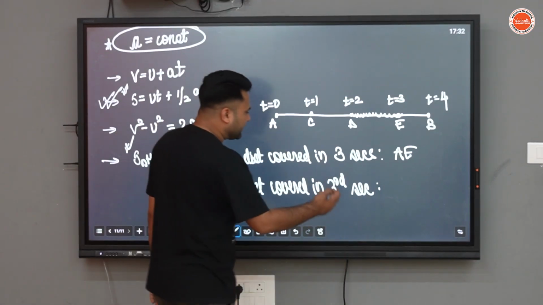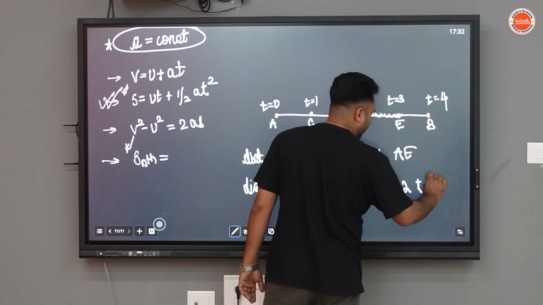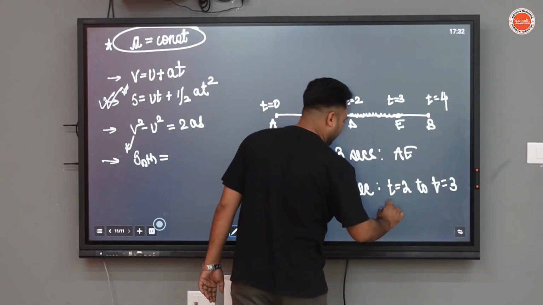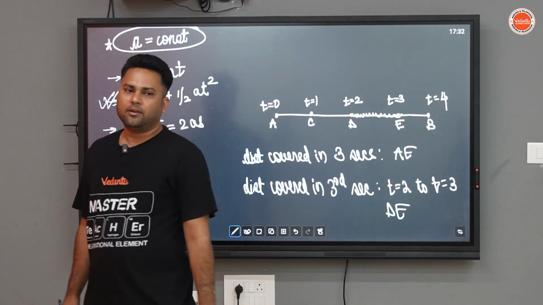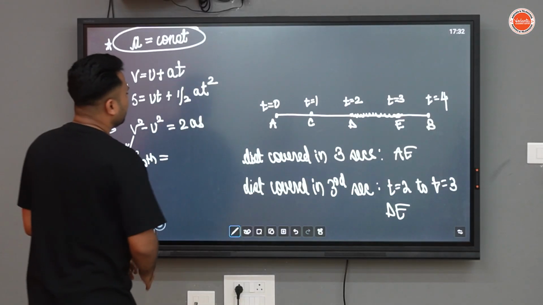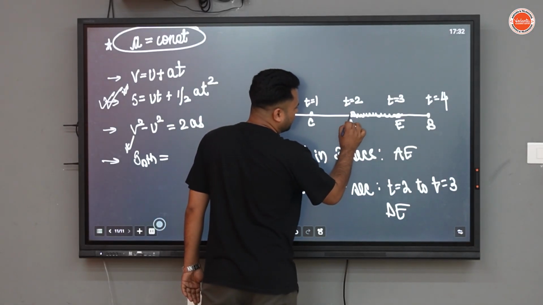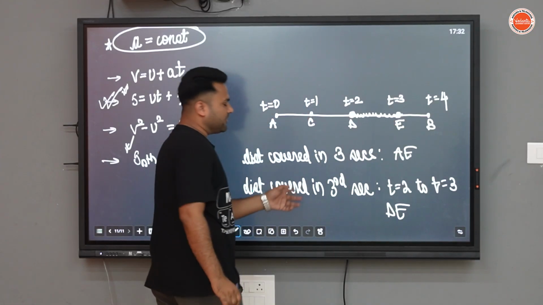Third second means between t equals to 2 to t equals to 3. How much distance you have traveled? So the answer will be D, E. See, the answer is different. So the distance covered in third second will be whatever distance you see between t equals to 2 and t equals to 3.